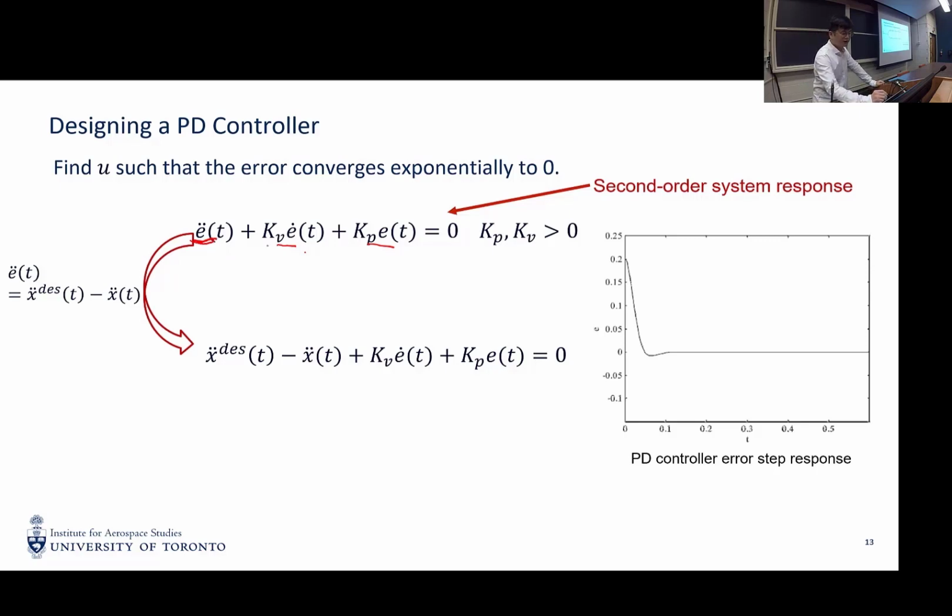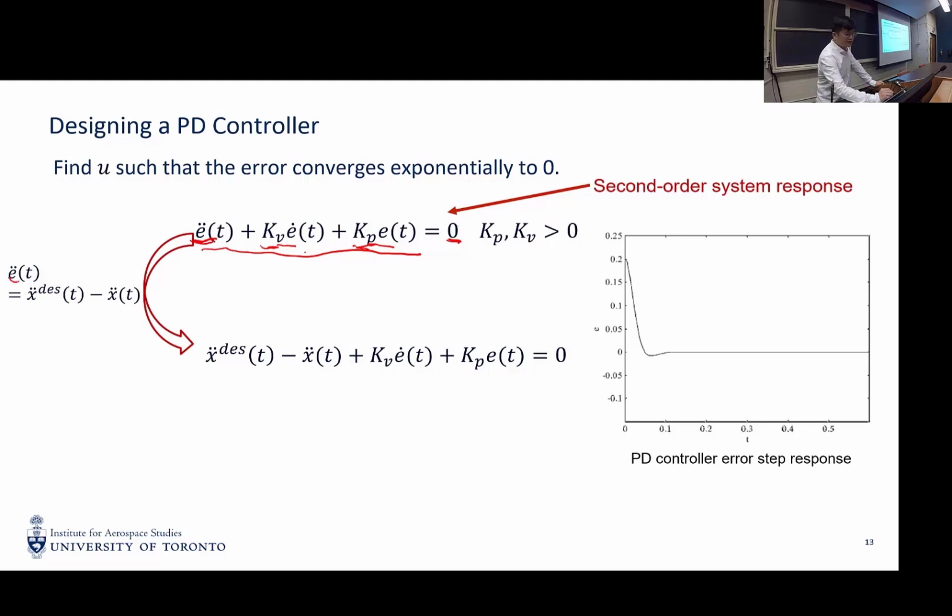If you pick K_V and K_P properly, then you have a transfer function of this simple system with input at 0. By some fundamental theory of linear systems, you can arrive at a stable system. If your input is 0, then your output, the states and its e, will eventually converge to 0.